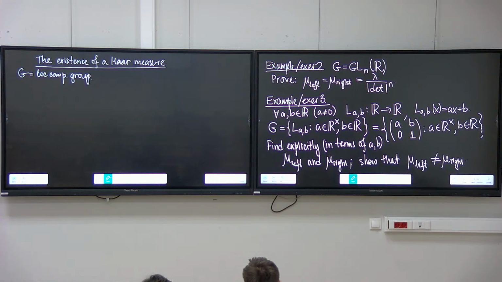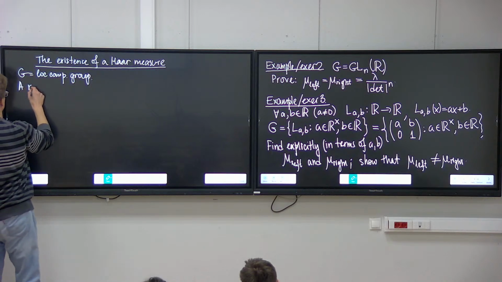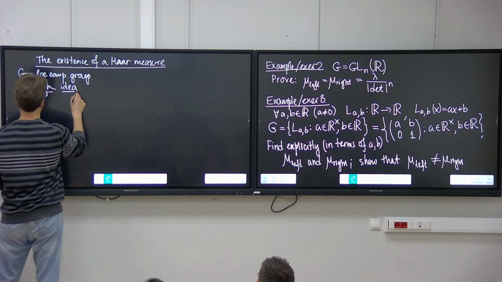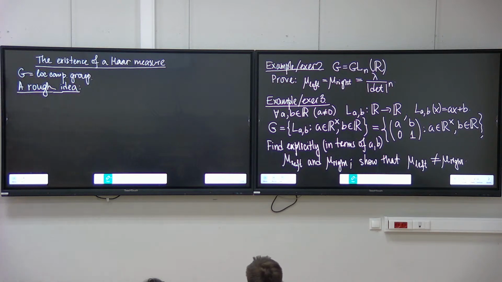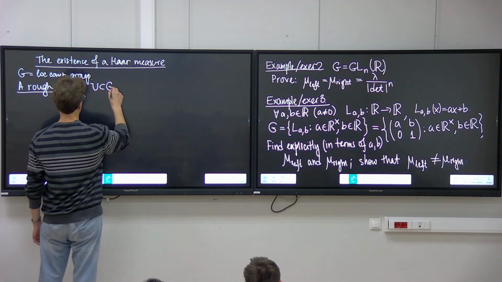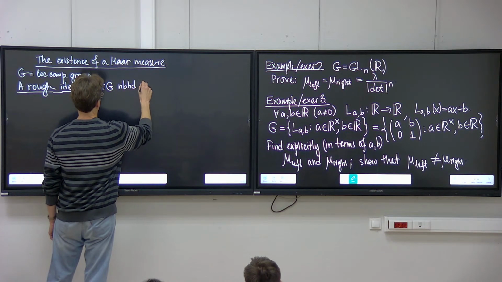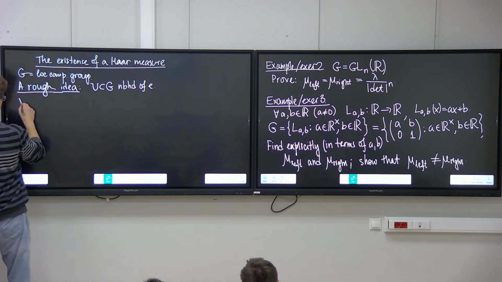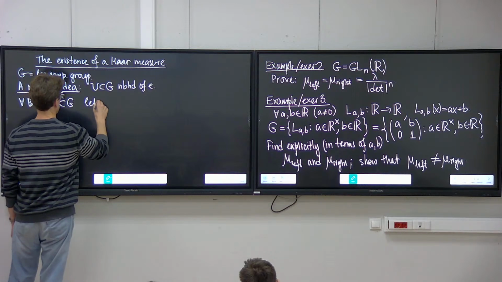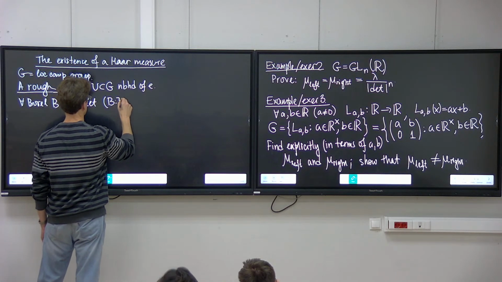Before constructing the Haar measure, let's briefly discuss a rough geometric idea which is behind the construction. We choose a neighborhood of the identity, U, and for every Borel set B in G, we define the following number, which will be denoted like this.